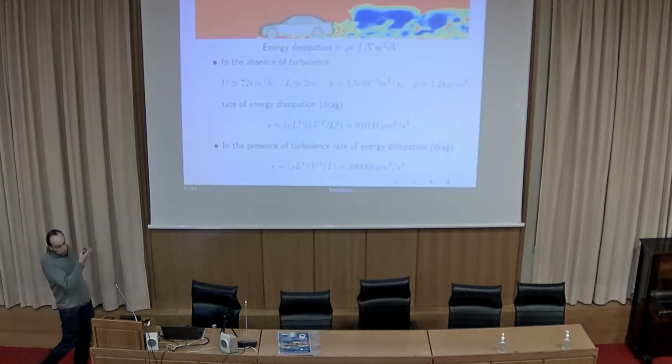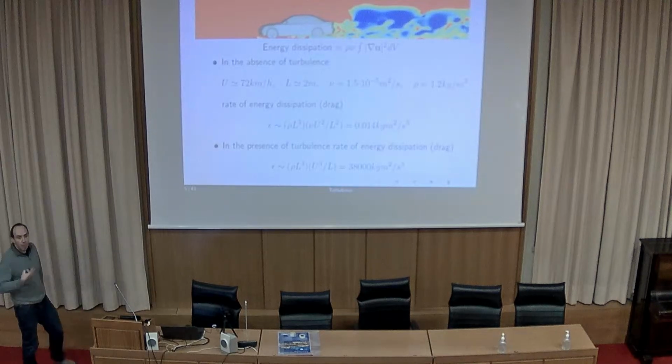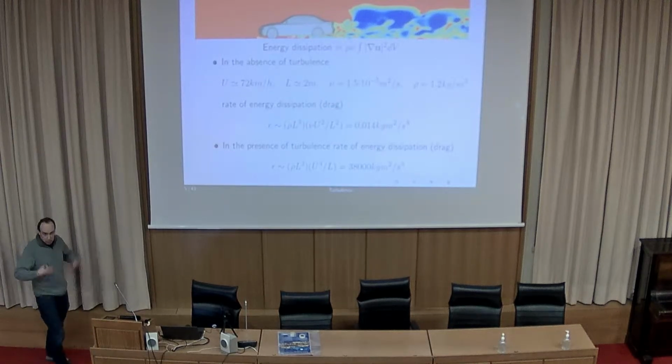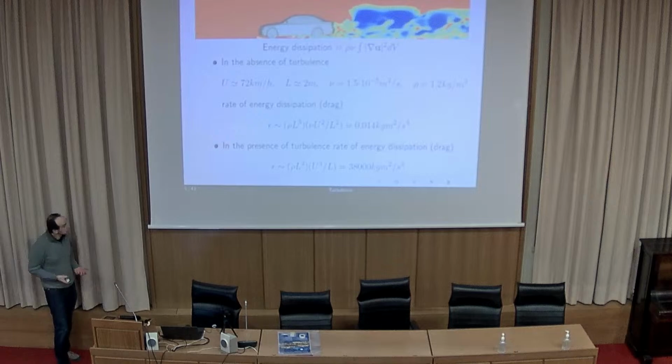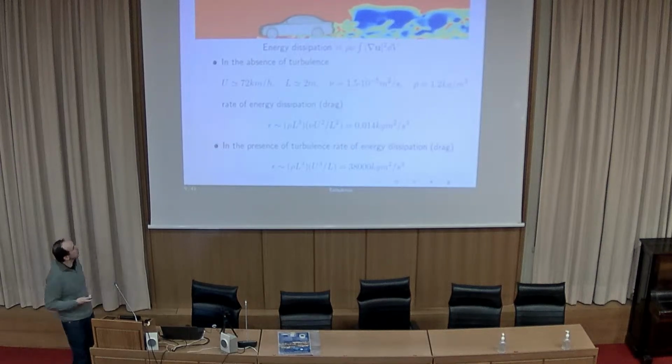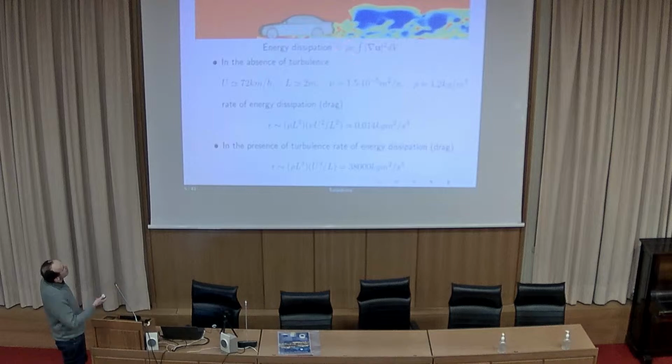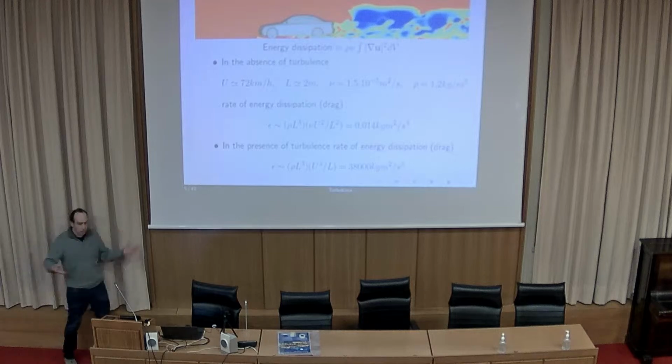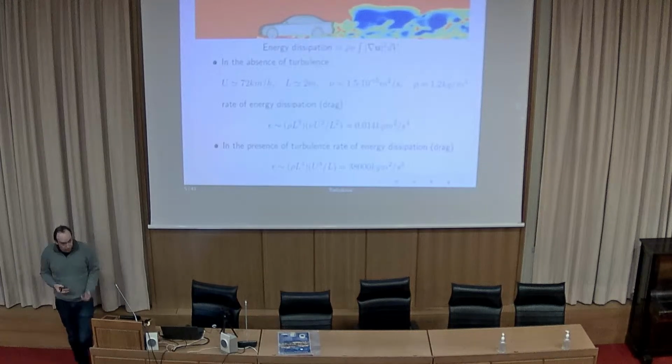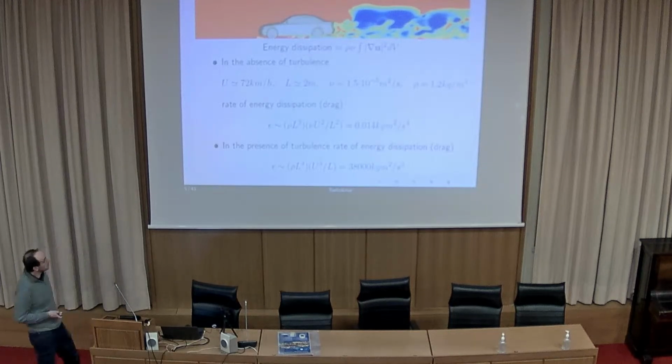Okay? You drive through the air, and you want to know how much energy you are dissipating due to the movement of the air. Fluid dynamics tells you that the rate at which you dissipate energy is proportional to the viscosity of the air times the density times the integral of the gradients of the velocity around the car, the part of the air that is moving.